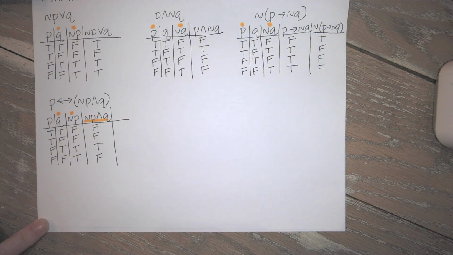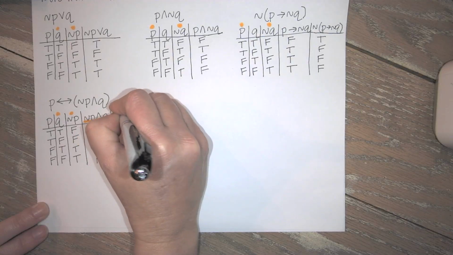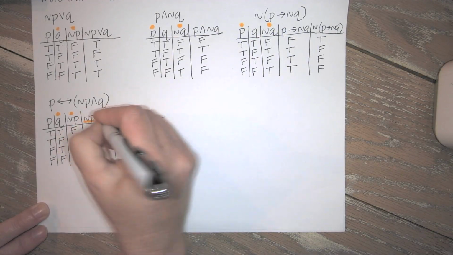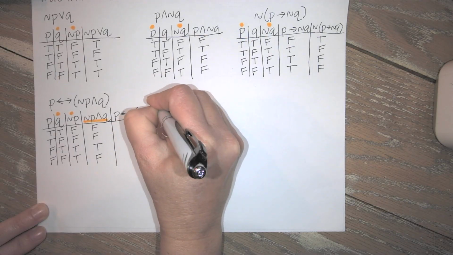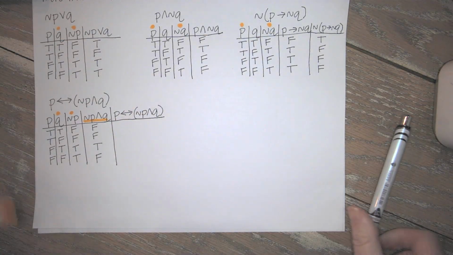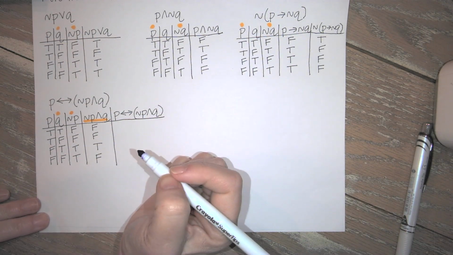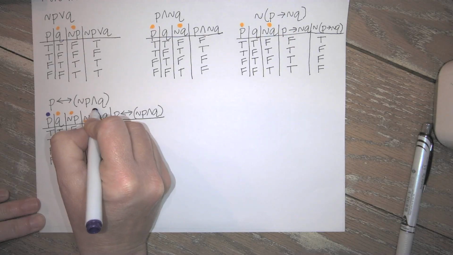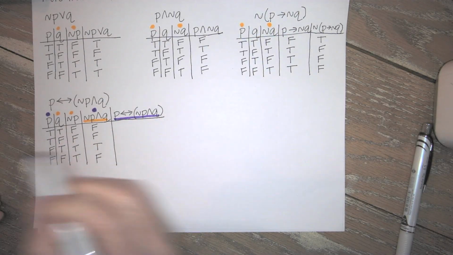All right, then I need to join the P if and only if this statement. That's a biconditional. Okay, so I'm going to get a different color for this one. All right, so now I'm looking at this column and this column to build this.